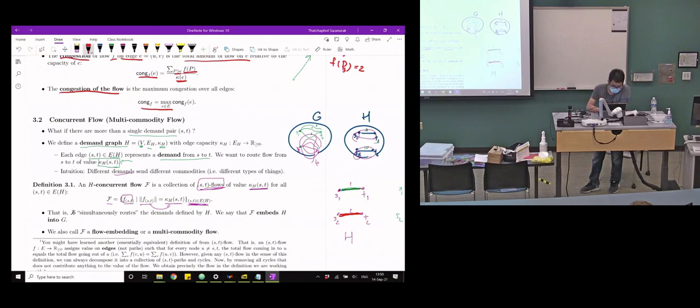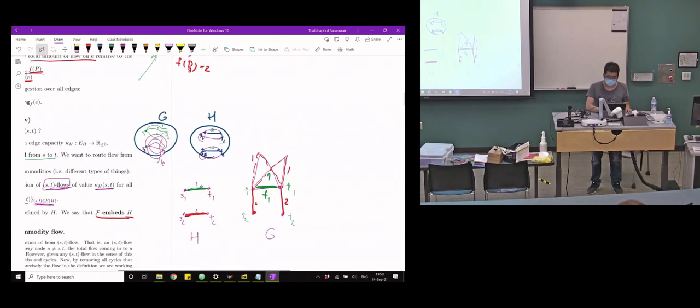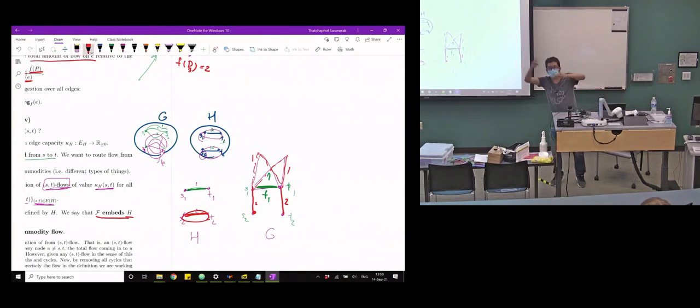So when we say that this is a multi-commodity flow, you should think of F as simultaneously routing all the demands. They satisfy all the demands simultaneously. A way to think of this, and we will use this terminology too, is that F embeds H into G. That is, each edge in H now embeds as a flow in G. That is something you should have in mind.